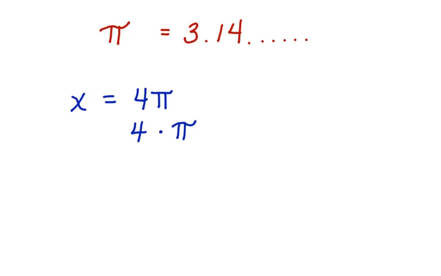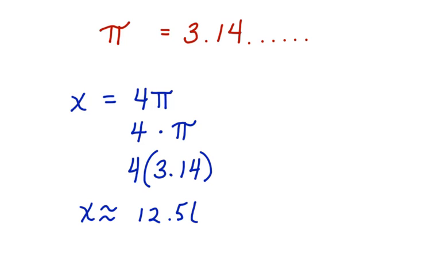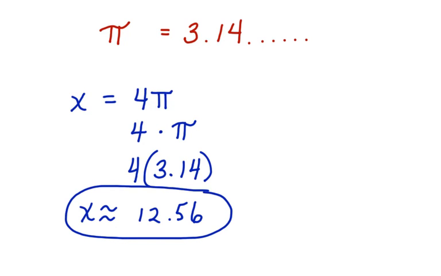In this case, I can use 3.14 for pi, so I can say that x is equal to 4 times 3.14, and x is approximately 12.56. I use approximately because 3.14 is an approximation for pi.